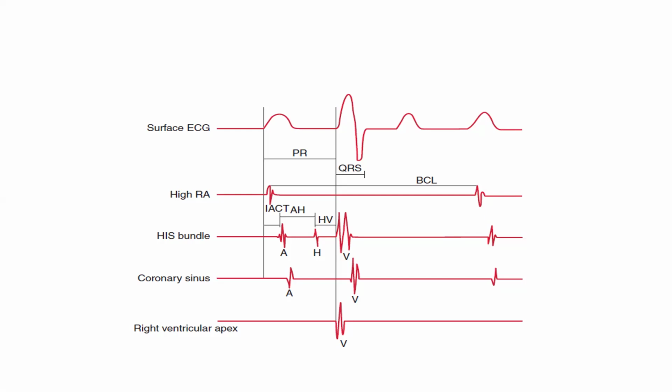How many milliseconds make a second? 1,000. Good. So how many milliseconds make 60 seconds? 60,000. So you now understand why we use 60,000. If we tell you that the cycle length, the PP interval, is 1,500 milliseconds, you should understand why you make your division with 60,000. Okay?